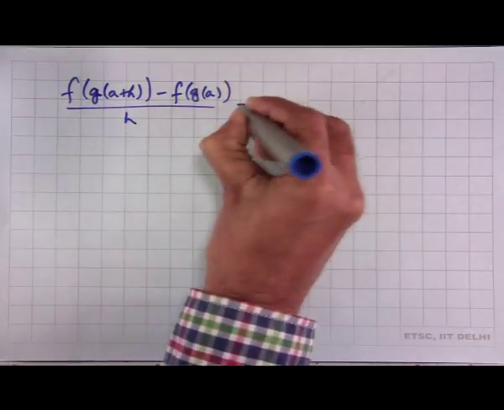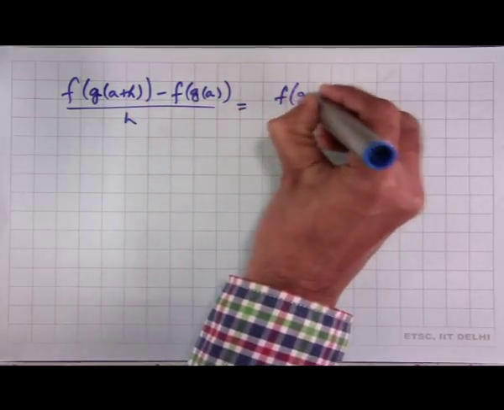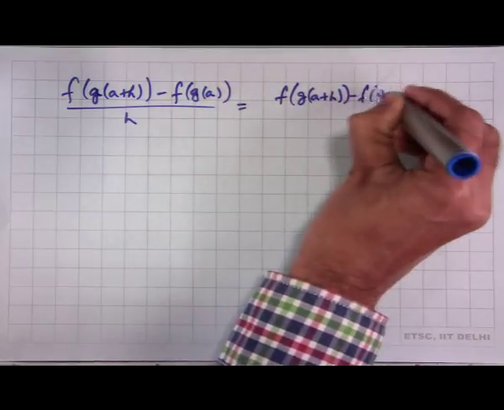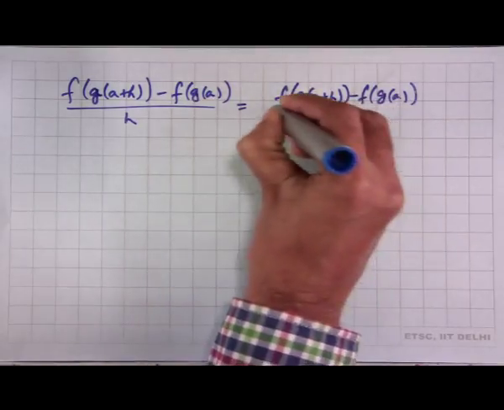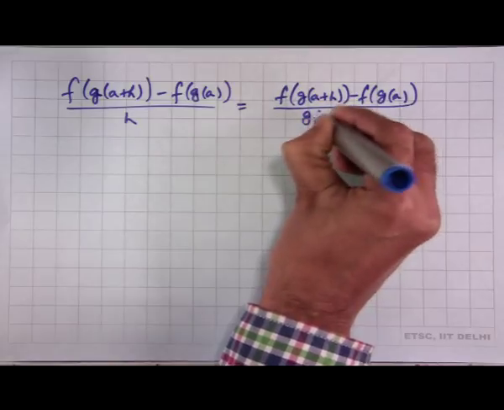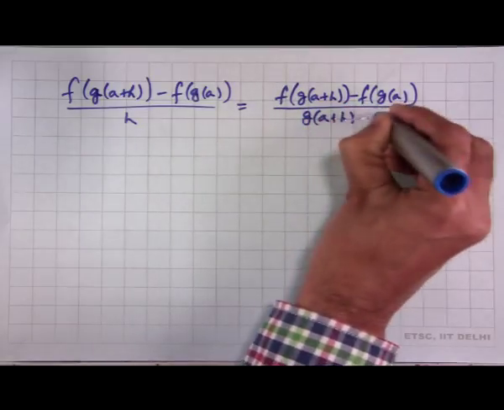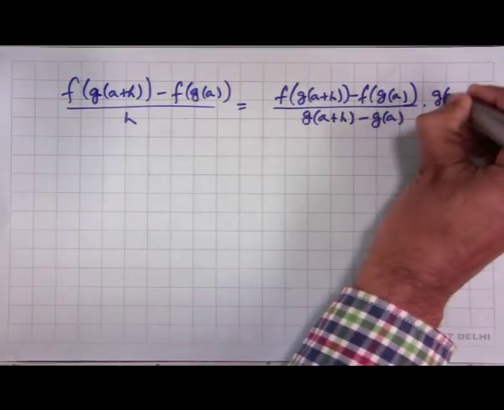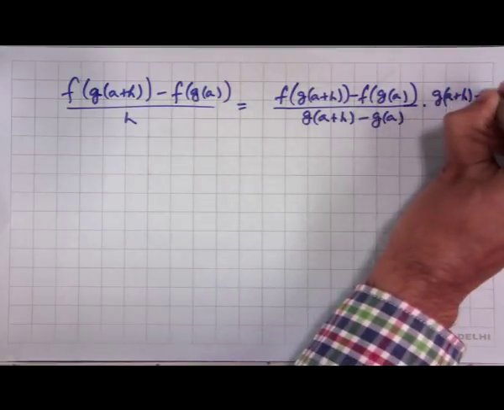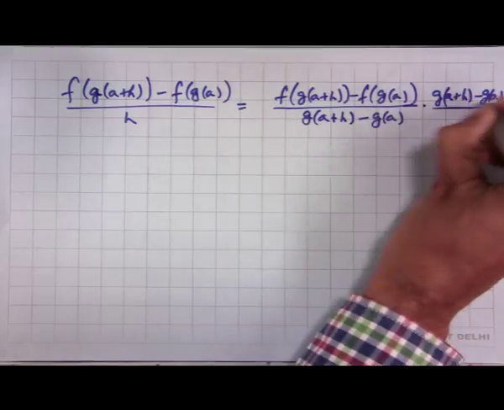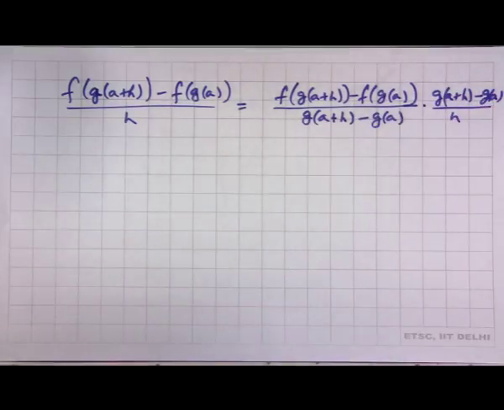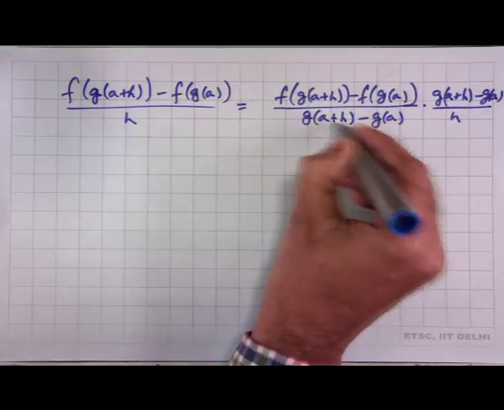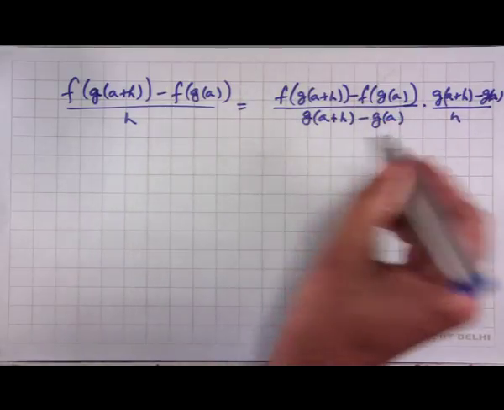This can be written as f of g of a plus h minus f of g of a divided by g of a plus h minus g of a, times g of a plus h minus g of a divided by h. So, this we can do if g of a plus h minus g of a is non-zero.